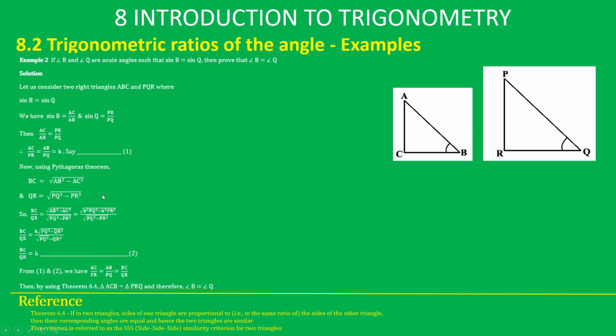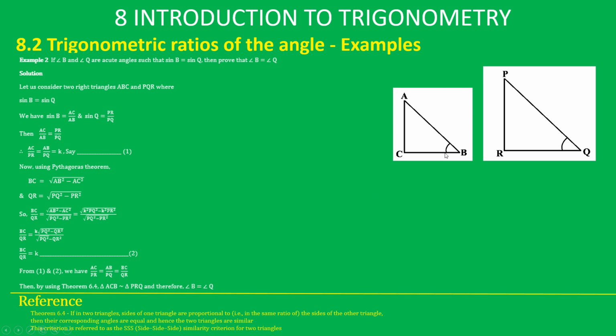Now, this ratio BC divided by QR is equal to K. From 1 and 2, what we can say? All three are equal: AC by PR, AB by PQ is equal to BC by QR. What we are trying to do here is the ratio of corresponding sides.